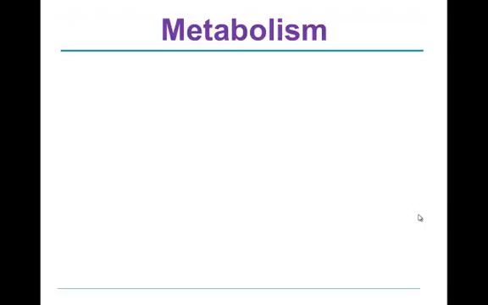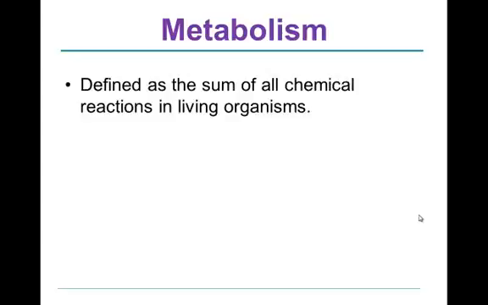And before we close this module, we want to just talk about chemical reactions and chemical pathways inside of organisms. They are part of the process of metabolism. This is a broad category, and metabolism is defined as all of the chemical reactions in living organisms.